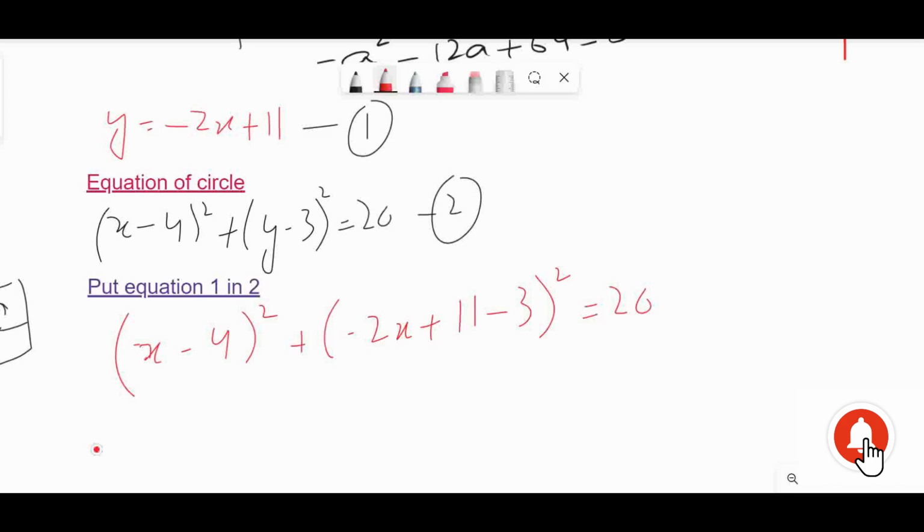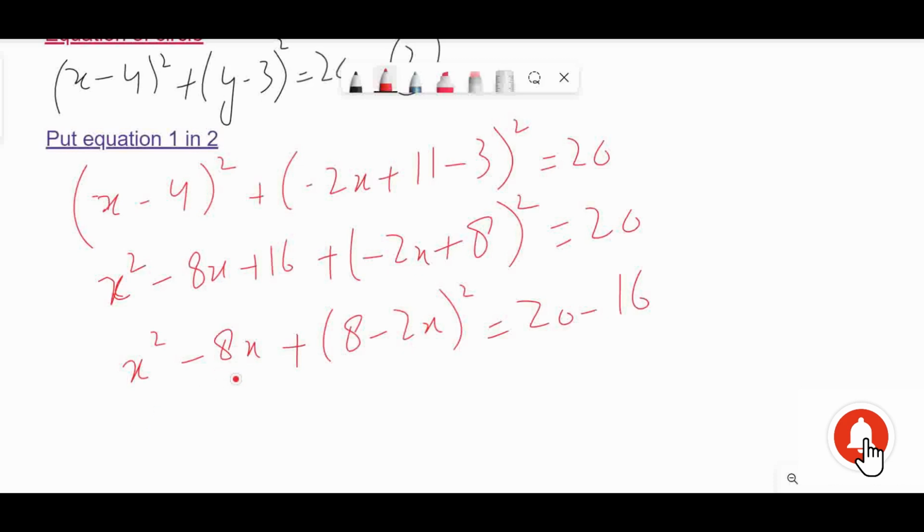So this will become x square minus 8x plus 16, then plus this will become minus 2x plus 8.